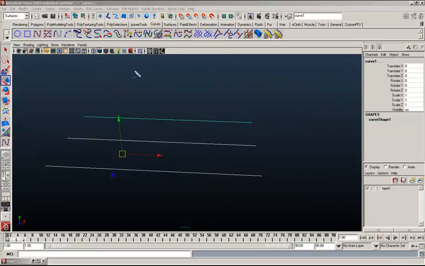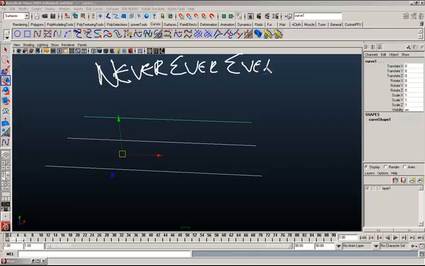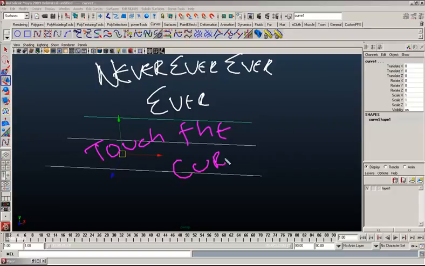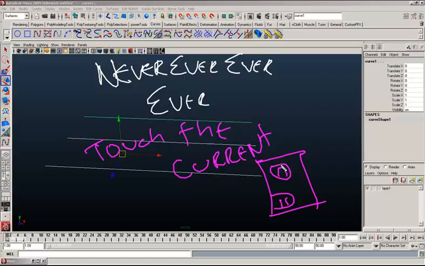Now, one more thing is the architecture. Never, ever, ever, ever touch the current. And I do not mean the current on a switch.